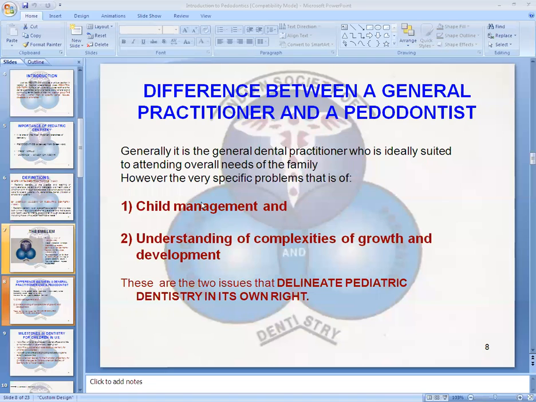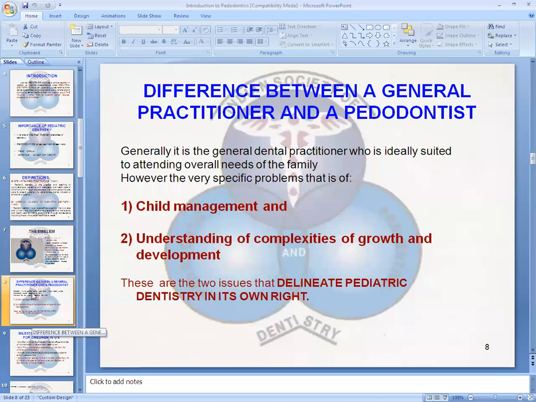So these 2 points are the difference between a general practitioner and a pedodontist. A general dental practitioner is ideally suited to attend only the overall needs of the family, but the specific problems of child management and complexities of growth and development of a child patient are referred to the pedodontist.